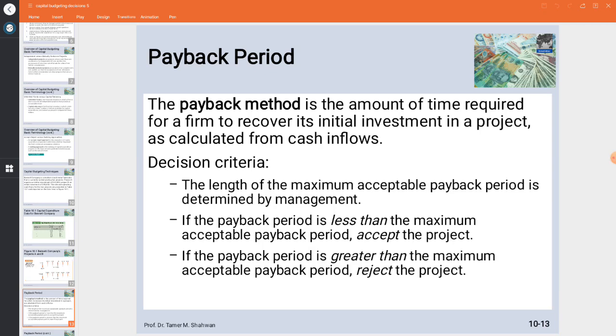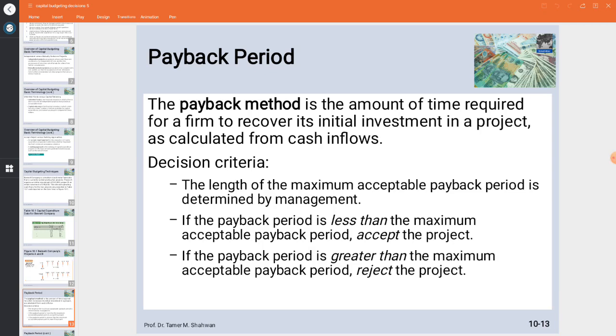The maximum acceptable payback period is determined by management, and we are going to compare the actual or computed payback period with the maximum acceptable payback period, which is determined by management.